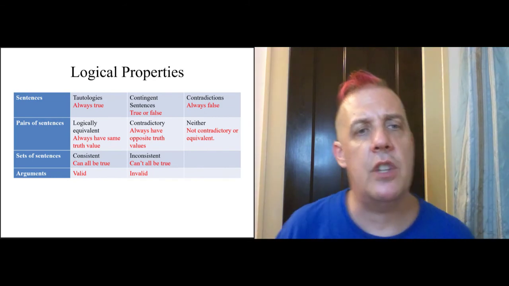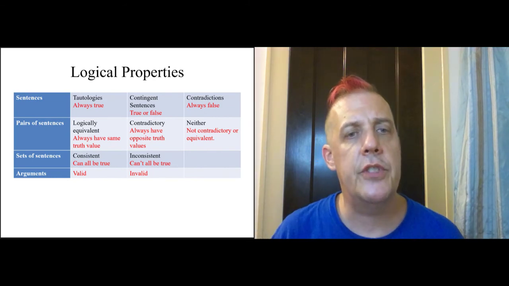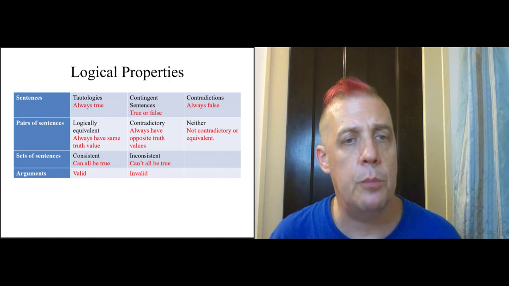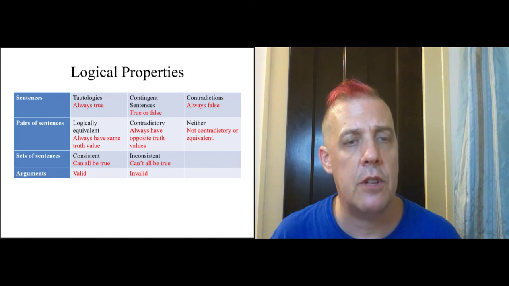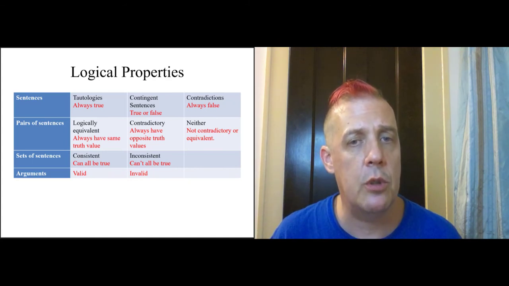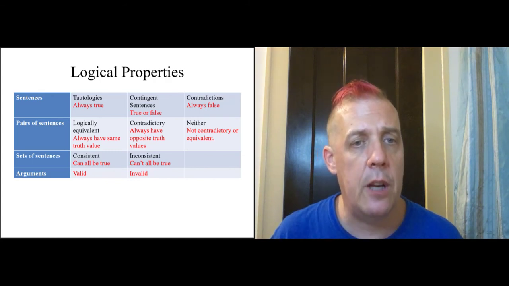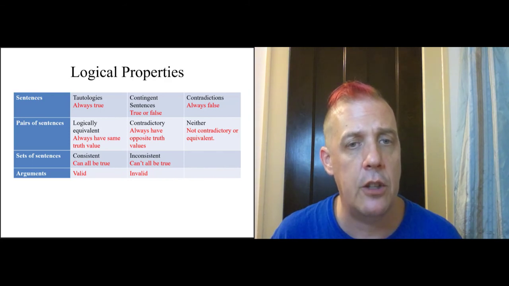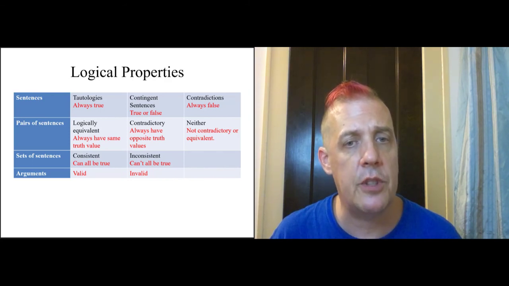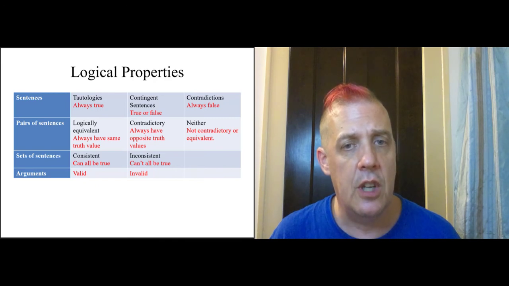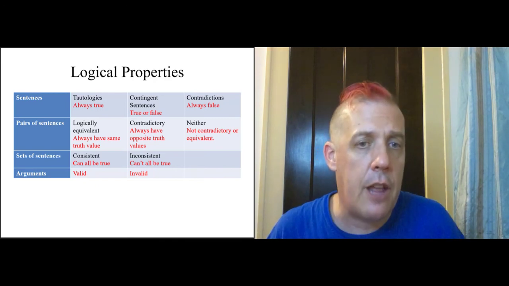So that gives us this full set of terms. Sentences can be tautologies, contingent sentences, or contradictions, depending upon whether they are always true, sometimes true and sometimes false, or always false. Pairs of sentences can be logically equivalent if they always have the same truth value, contradictory if they always have opposite truth values, and neither if they're neither.